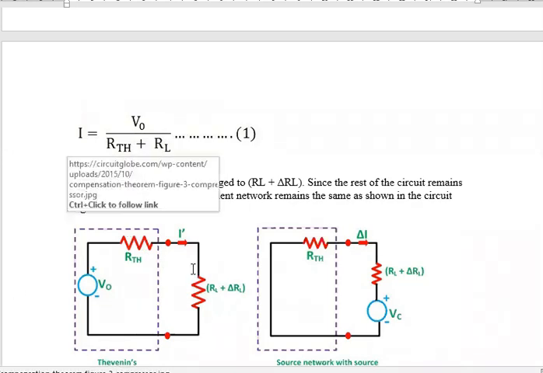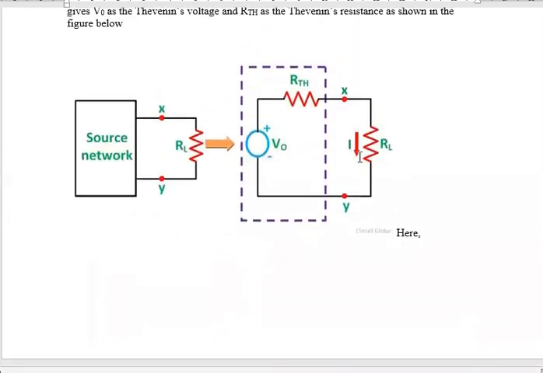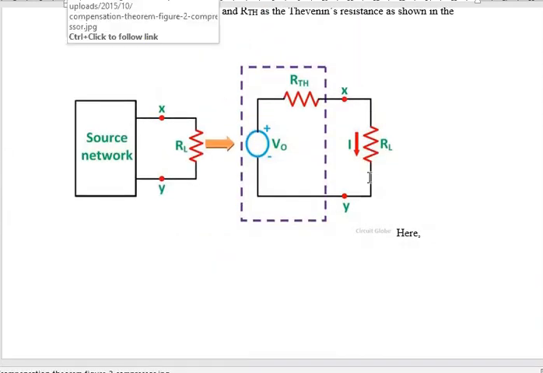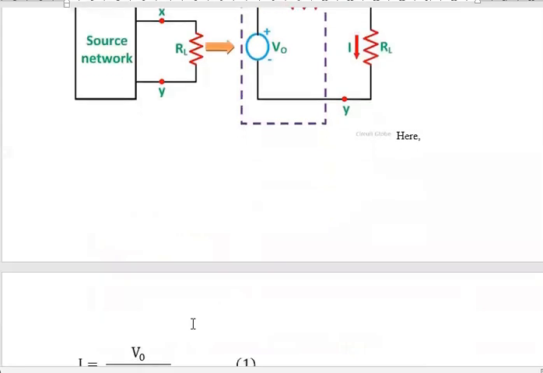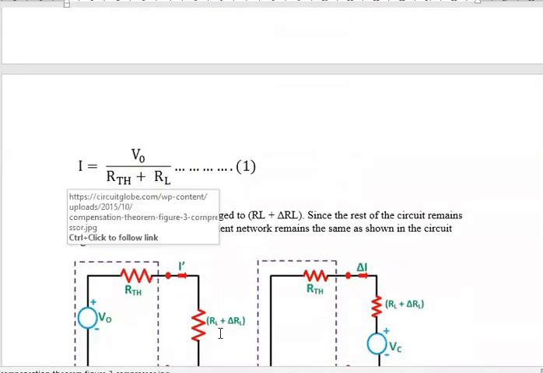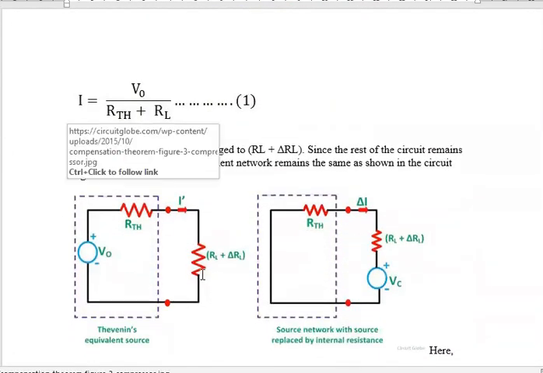Now let us see this branch analysis. Compensation theorem means whenever there is a change in resistance in a particular branch, now RL is changed to RL plus delta RL, obviously there will be changes in currents and voltages of all branches. See, this branch and all other branches.